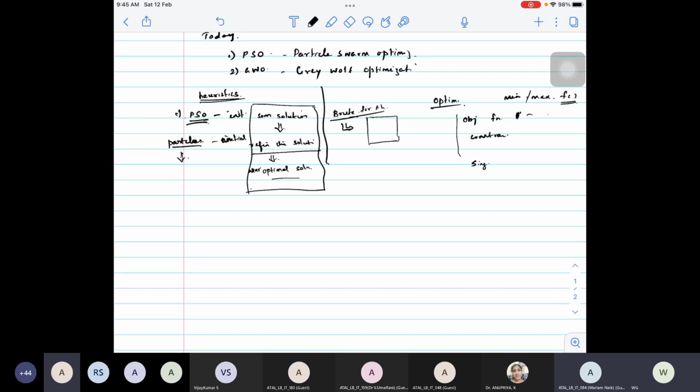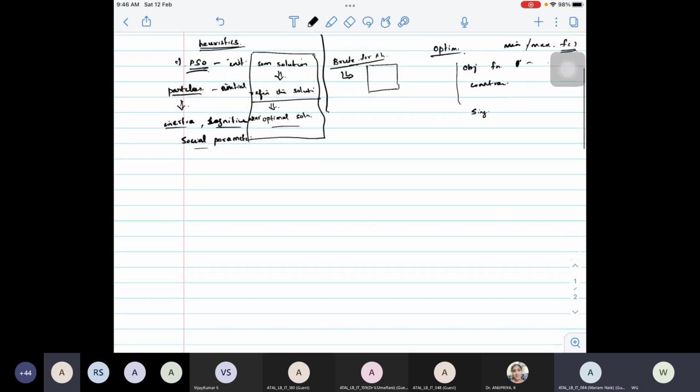The variation depends upon the inertia, cognitive, and social parameters, right? The solution may be called a particle's position, and it varies based upon the inertia, cognitive, and social parameters.